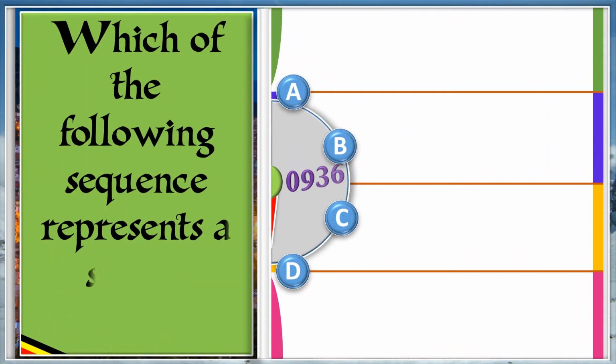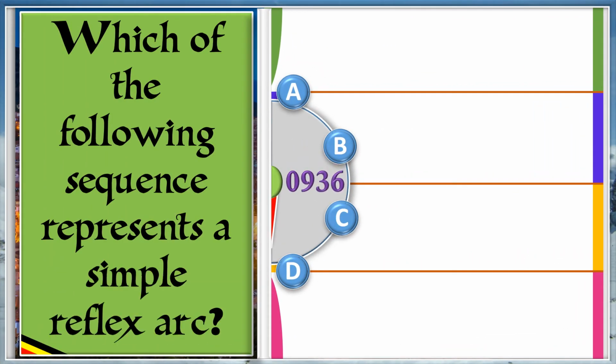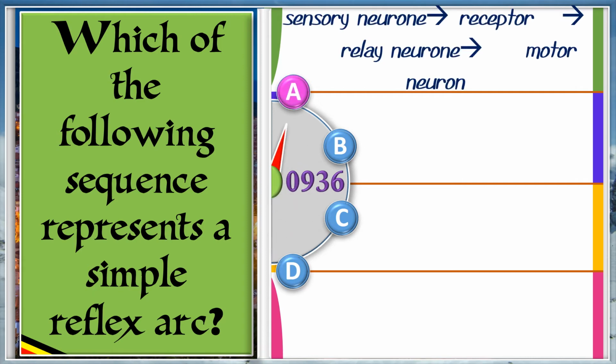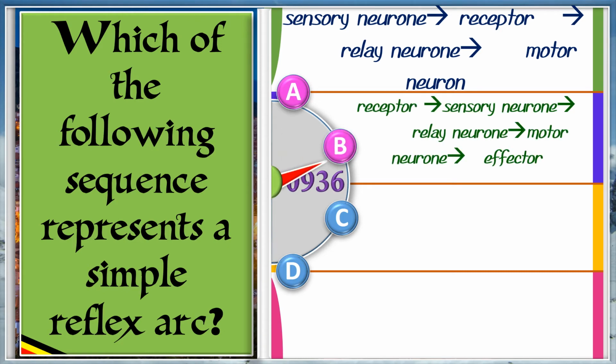Which of the following sequences represents a simple reflex arc? A. Sensory neuron to receptor to relay neuron to motor neuron. B. Receptor to sensory neuron to relay neuron to motor neuron to effector.